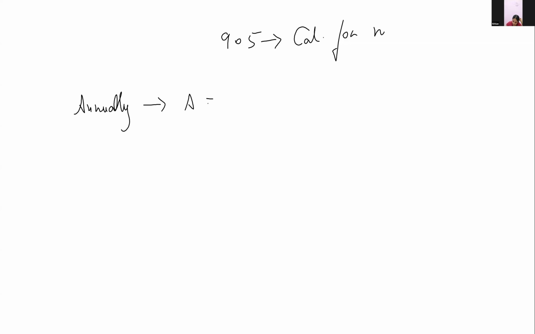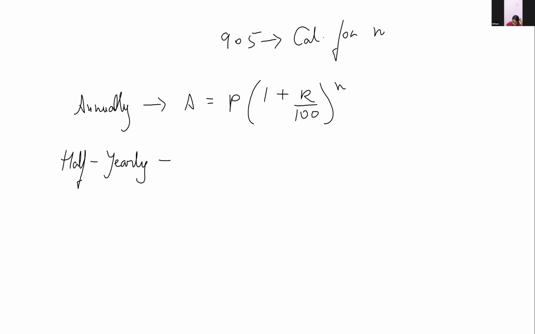A equals P into (1 plus R by 100) to the power of n. Then half yearly, A equals P into (1 plus R by 2) to the power of 2n.